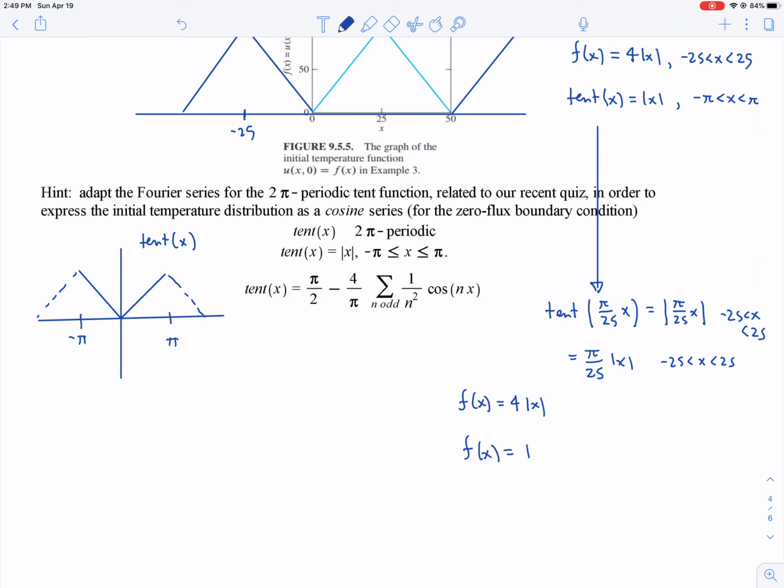It's 4 times 25 over pi times the tent of pi over 25 x. Right, so if you look up here, 25 over pi times the tent of pi over 25x, the reciprocals cancel and I'll just get a 1 times the absolute value, and I want 4 times the absolute value.